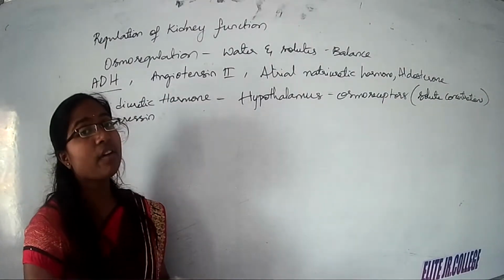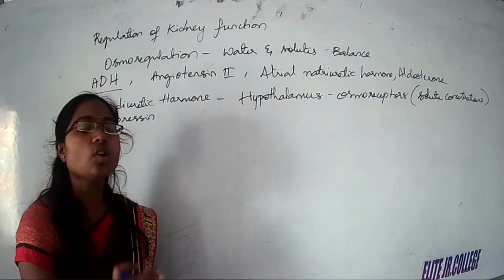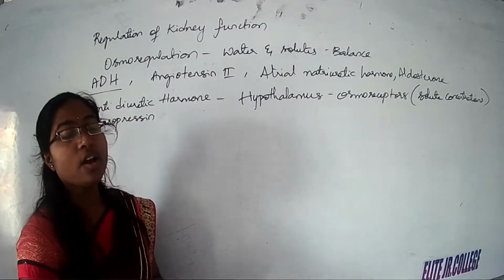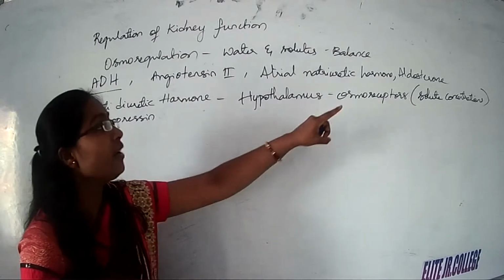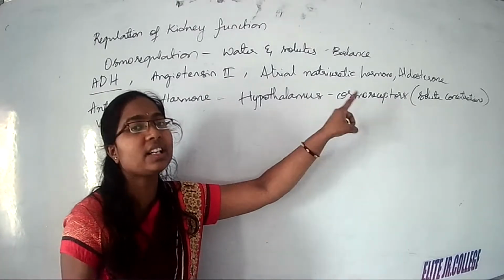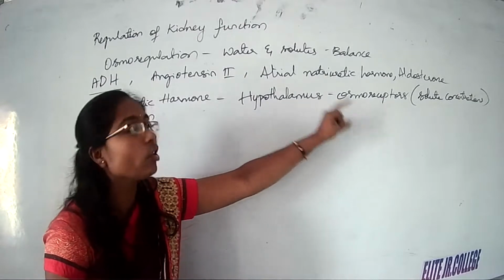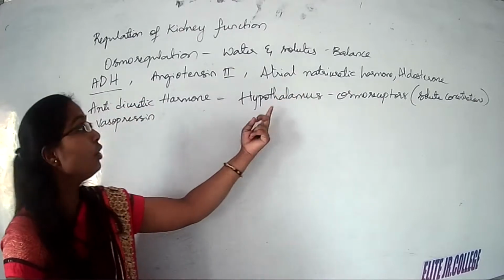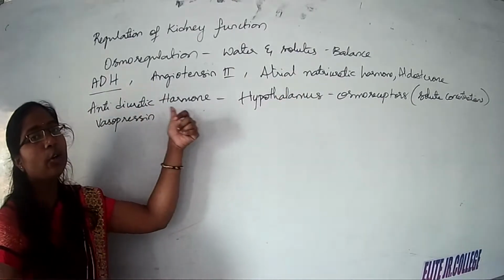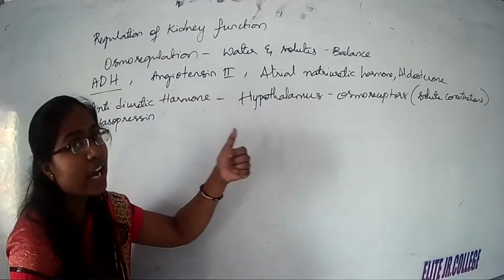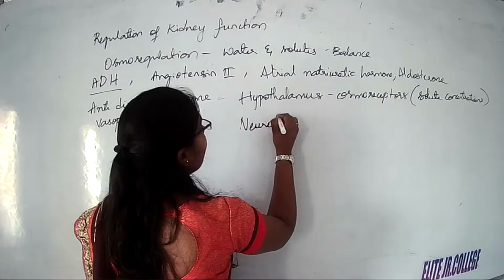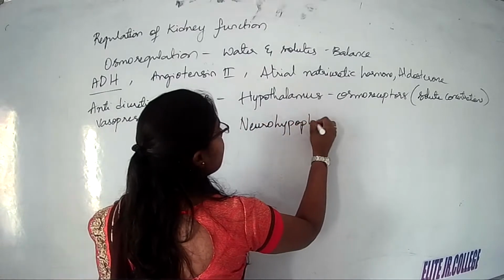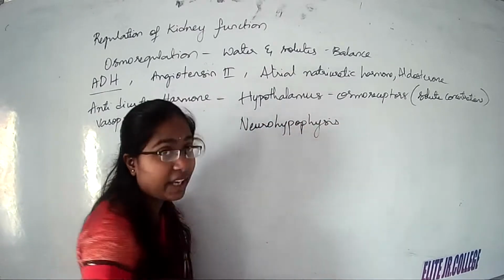Whenever there is an increased loss of fluid from the body, immediately these osmoreceptors get switched on and stimulate the hypothalamus to release the anti-diuretic hormone via the neurohypophysis. I hope you got me.